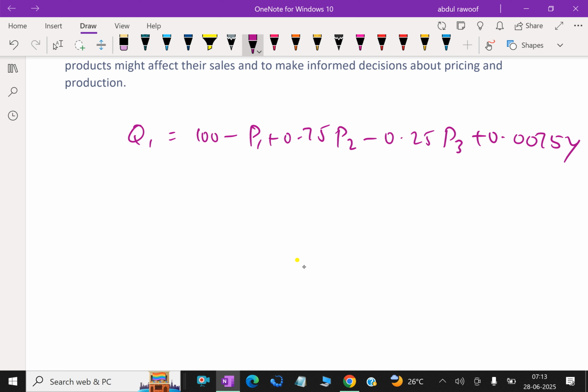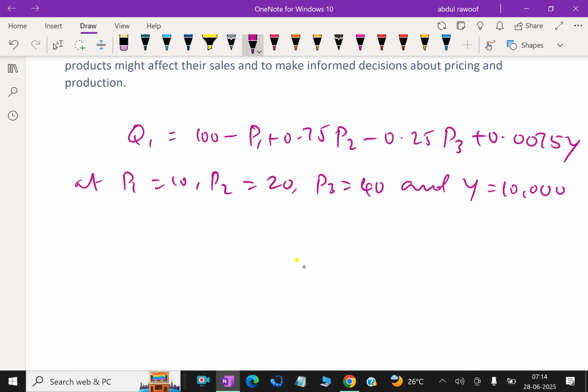This function is evaluated at P1 equal to 10, P2 equal to 20, P3 equal to 40, and y equal to 10,000.